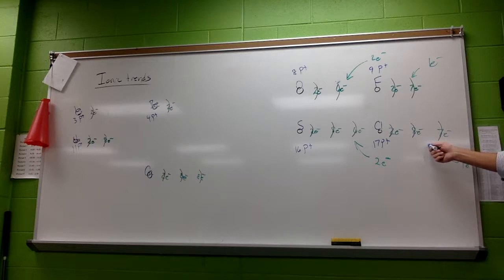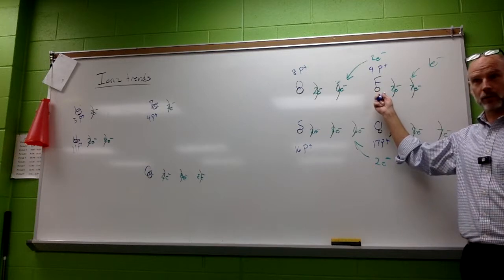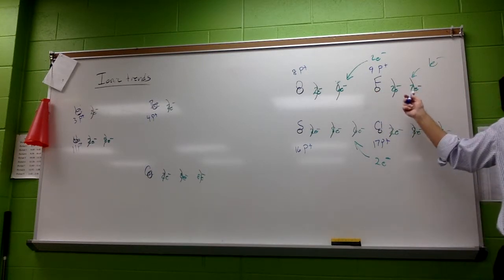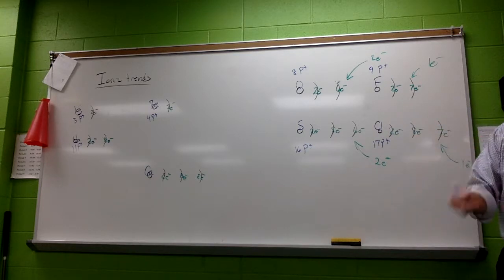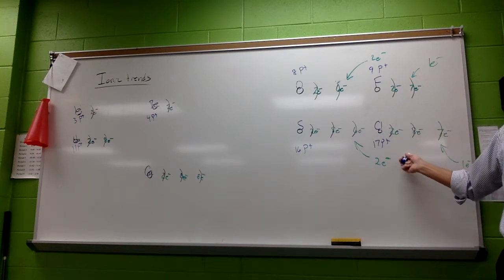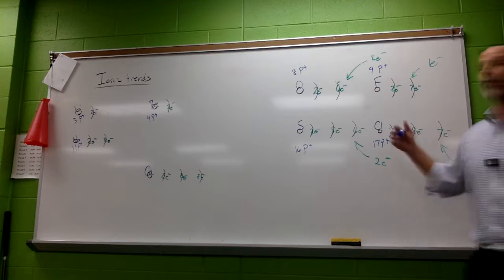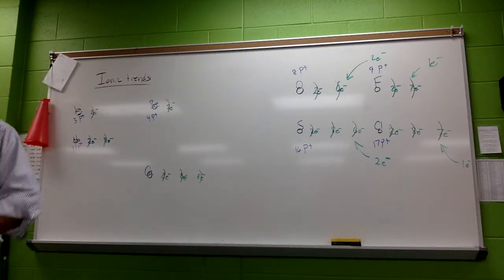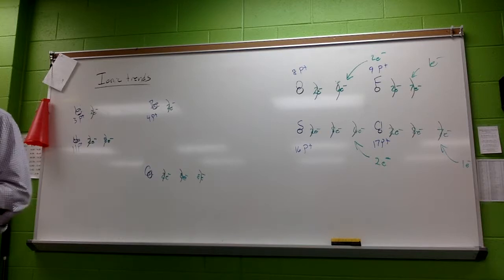Everyone good? So if they're isoelectronic, what's the only thing that can influence their radius? The number of protons. This has more protons, therefore those electrons are going to have a greater force of attraction due to Coulomb's law. Brought in more tightly. Same thing here. Would you agree? So once again, the period trend seems to be maintained with the ions.